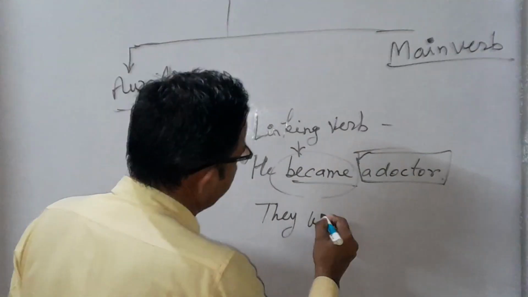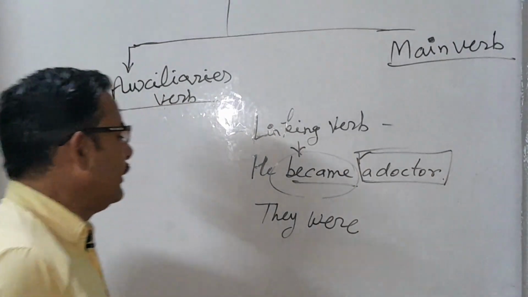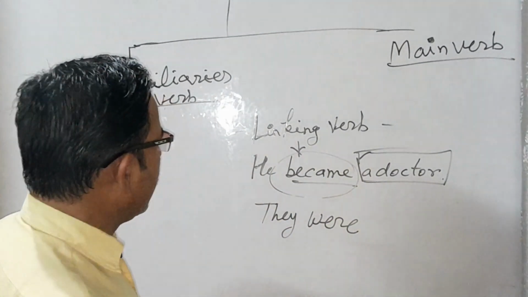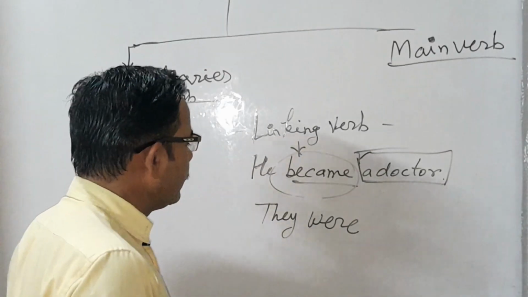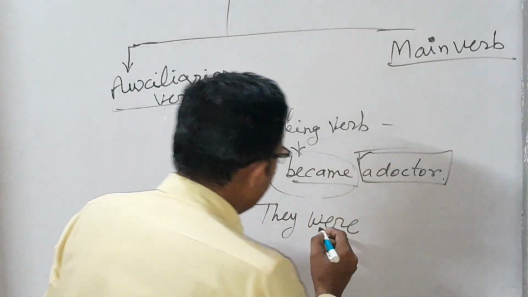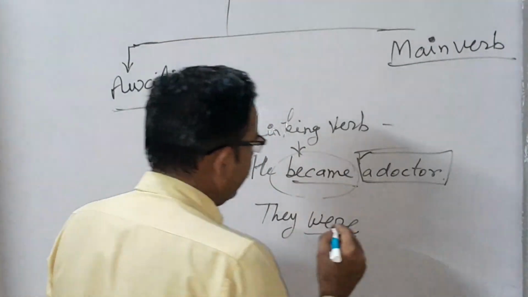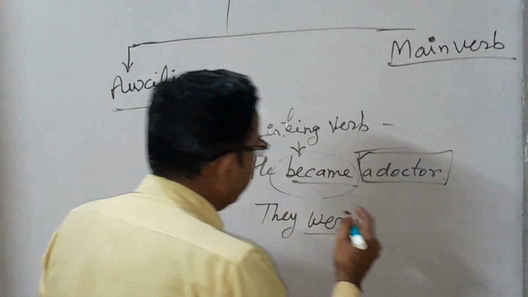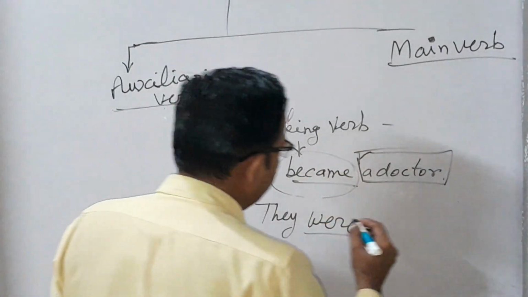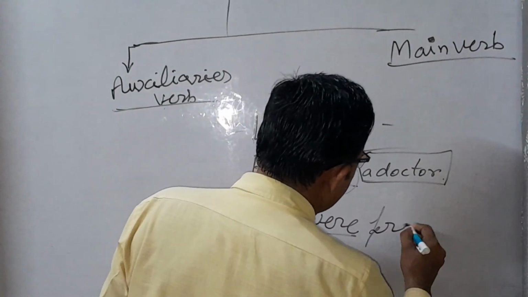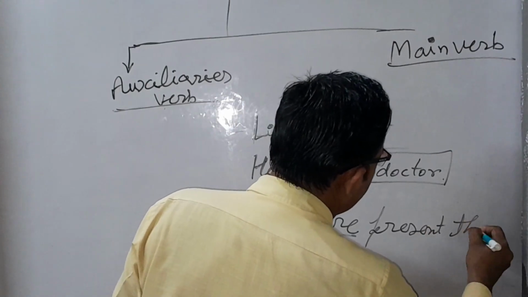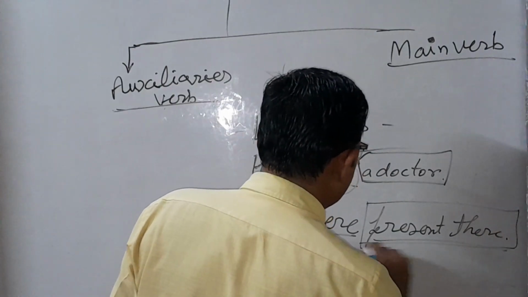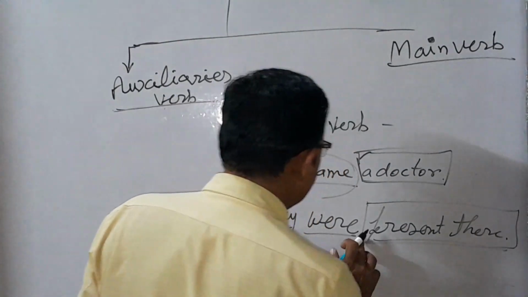They were. It is still an out of sense sentence. Then we have to put something. They were present there. Now the sentence is complete.